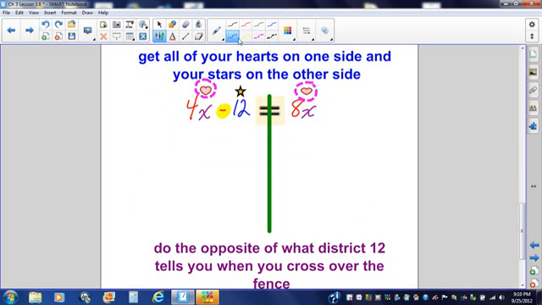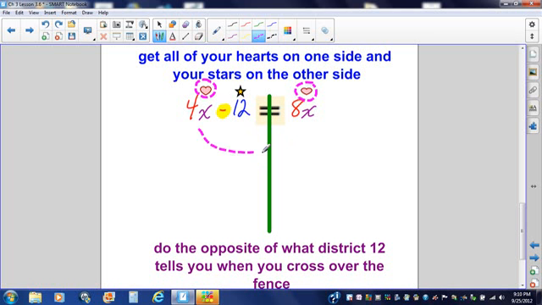If you say, no, crazy math teacher, I'm going to move the 8x over to this side, well, this heart's going to be gone, but now you have a heart and a star on the same side. That doesn't help you. You can do it that way, but it's more work.